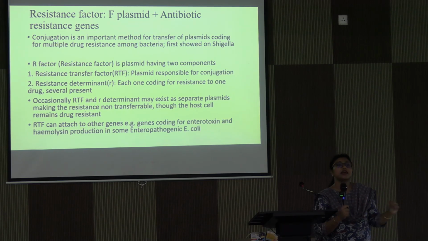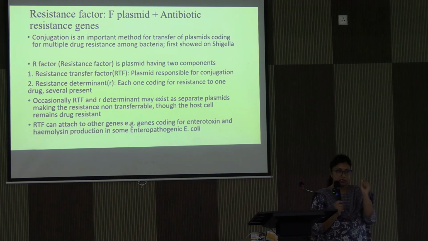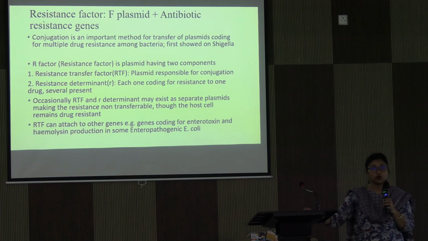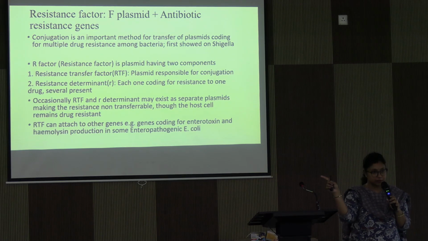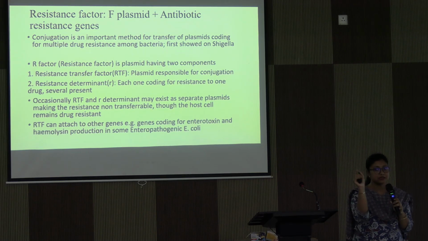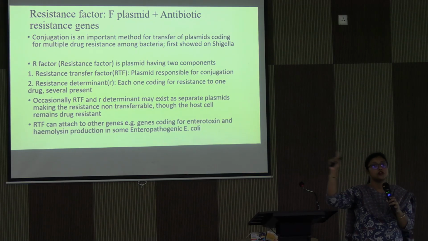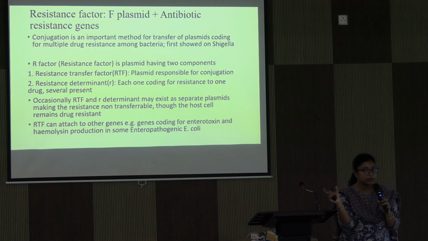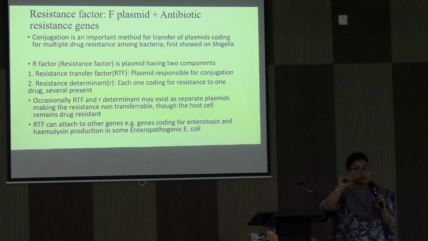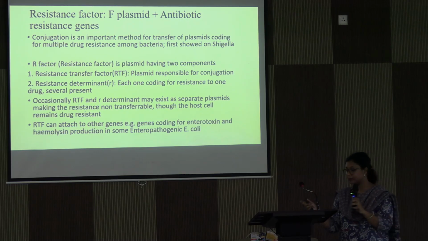Initially there may be one bacterium or one microbe that was resistant. Later on, due to conjugation, that is due to plasmid transfer, that is, in one plasmid there are many determinants, many small genes. So those will be transferred, and in one go, this other bacterium also will become drug resistant to all the antibiotics that we are prescribing.